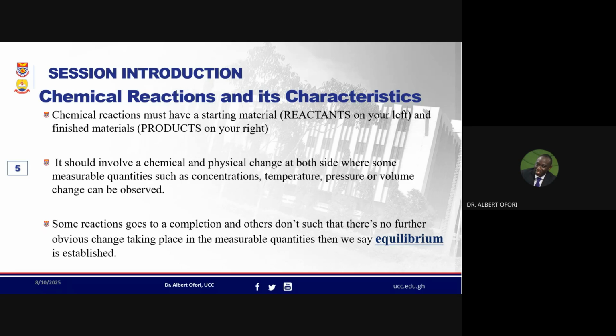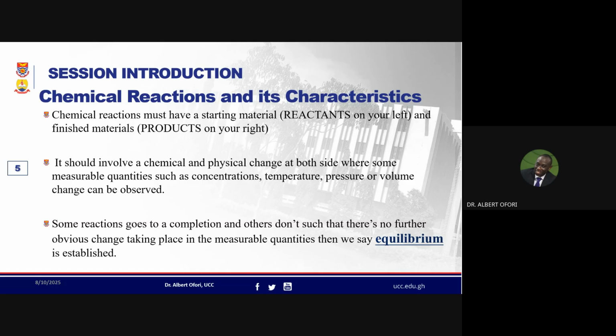When equilibrium is established, it means that both sides are at peace. If you have a balance and you weigh 10 grams and hang 10 grams, they should be at equilibrium, meaning they should be on the same level. That's what equilibrium basically means, and we are looking at it in terms of chemical reactions.